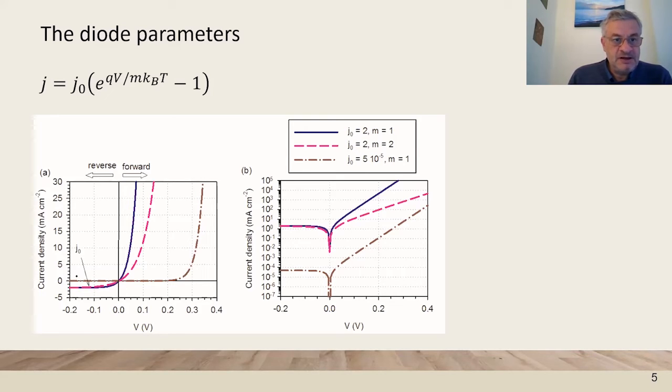Here it is defined, the constant current defined by the J naught. And the diode ideality factor indicates how rapid is the exponential rise. So it can be m equals 1, 2, etc. These are the typical values depending on the recombination mechanism in the semiconductor.